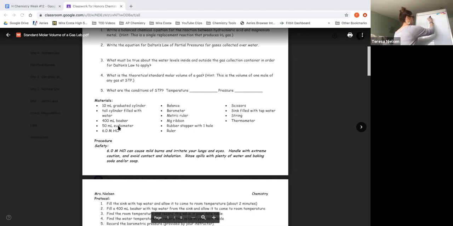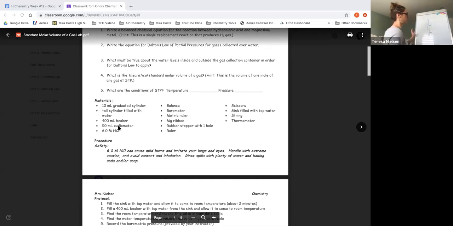When we use eudiometers, it's basically like a big upside down test tube that has volume markings on it, like this. And it starts at the top. So 1, 2, 3, 4, 5, 6, 7, 8, 9, 10, right? So that would be 10 mils, 20 mils.